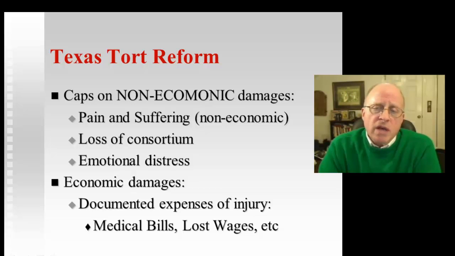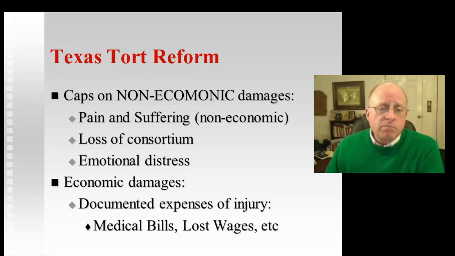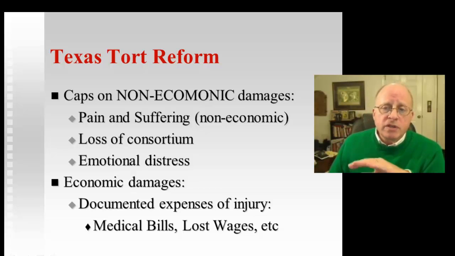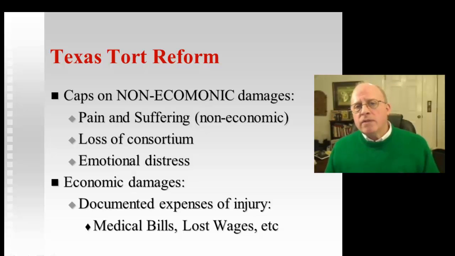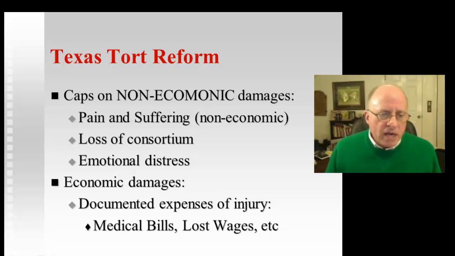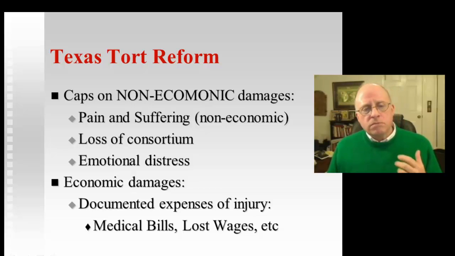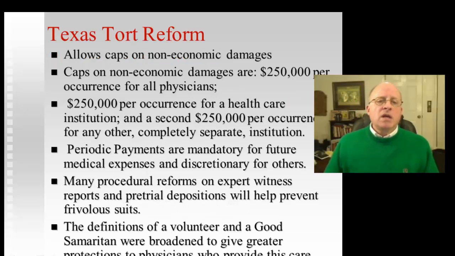I don't know the South Carolina reality, but in Texas, they put a top limit on the so-called non-economic type of damages, pain and suffering, loss of consortium. These are very hard to measure, and they're subject to juries getting very emotional about the pain and so on. Texas limits all those damages to $250,000.